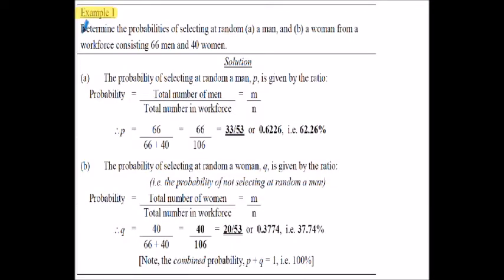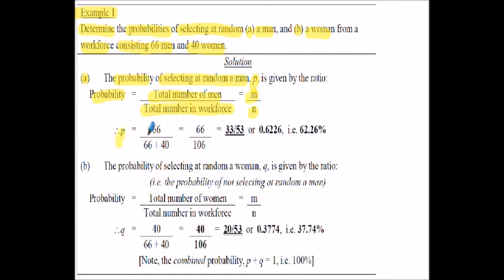Example 1. Determine the probabilities of selecting at random A, a man, and B, a woman, from a workforce that consists of 66 men and 40 women. So part A, the probability of selecting at random a man. We'll call that probability P. So the probability in this case is the total number of men over the total number of people in the workforce, M upon N to use our previous symbols.